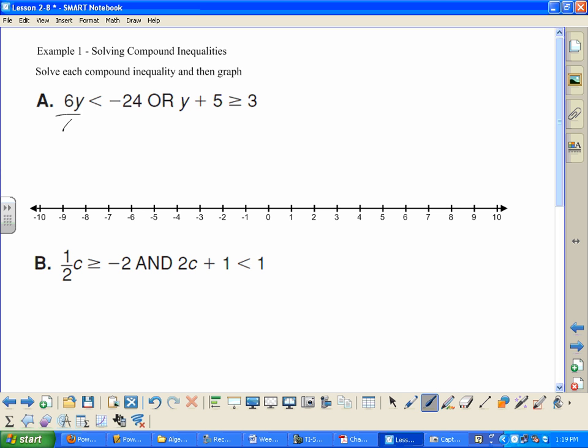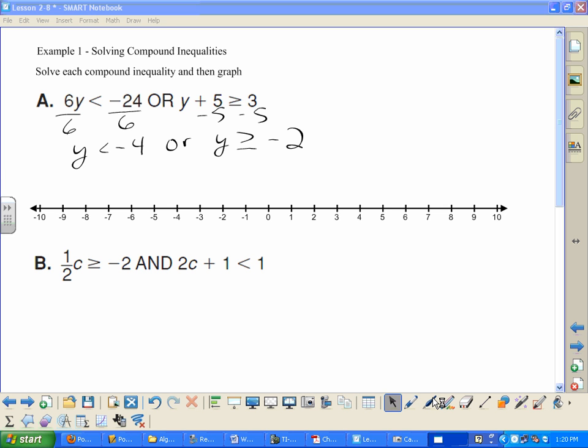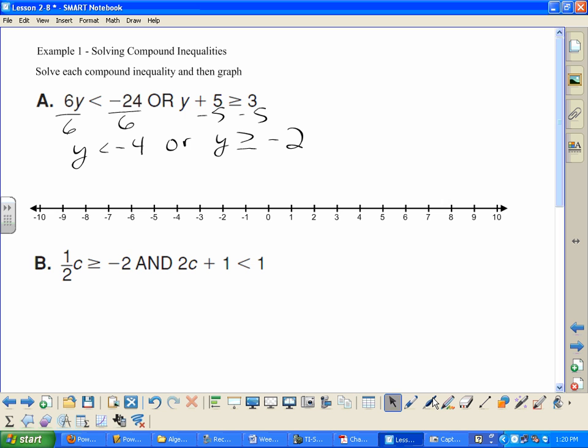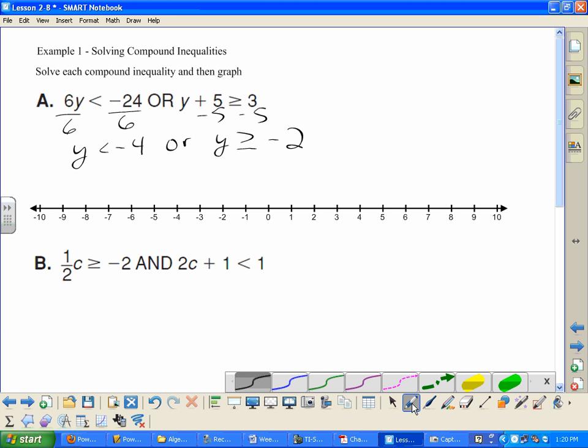So we divide by 6. y is less than -4, or subtract 5. y is greater than or equal to -2. So when we graph them on the number line, we will have an open dot on -4 and a closed dot on -2.